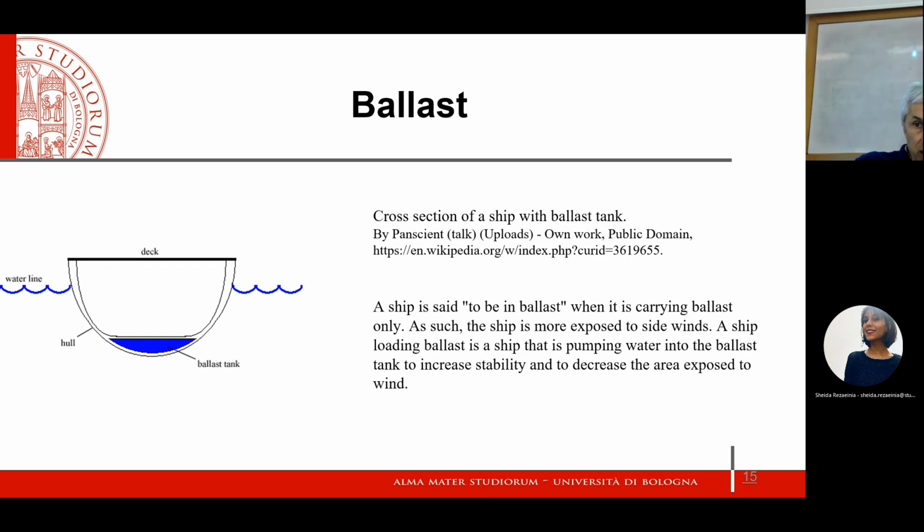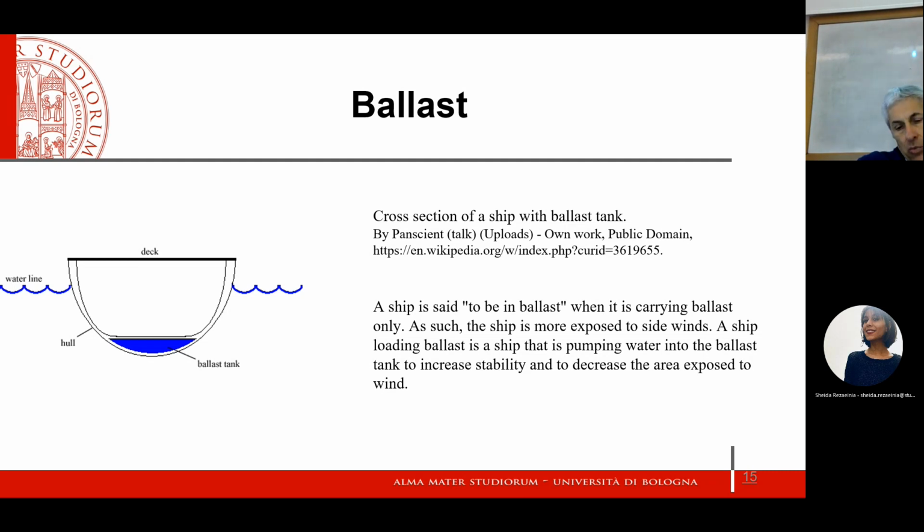So the ships are usually equipped with an internal tank which can load water to increase its weight, because the ship has the need of varying its weight, because when it's loaded, then of course the draught increases, so the level of the water raises on the sides of the ship.